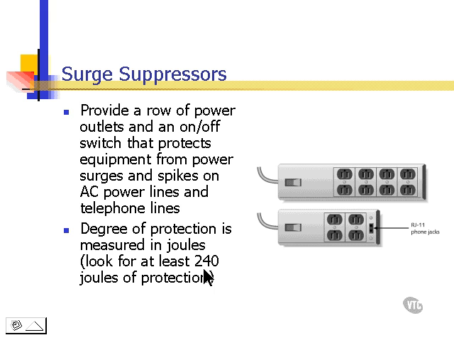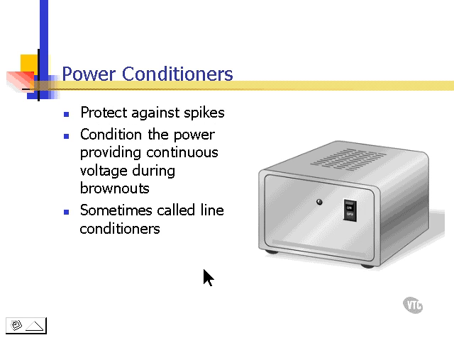To condition power and provide consistent power to a computer, we use a power conditioner, which is also called a line conditioner. A power conditioner protects against spikes and also conditions power, providing a continuous voltage during brownouts.